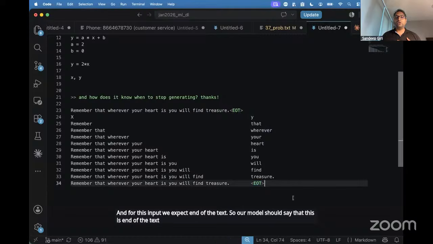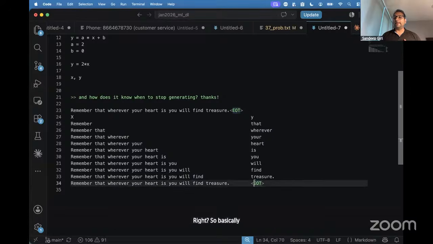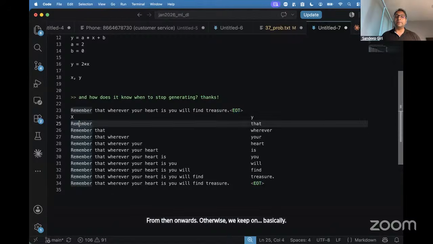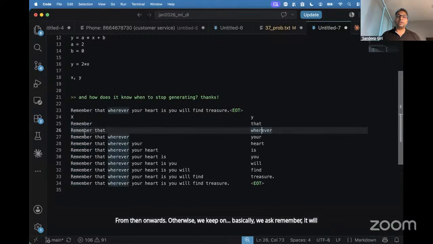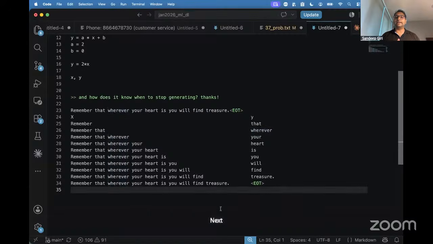That's how the LLM knows that now I have to stop talking. The moment the LLM says EOT, we stop asking it questions. Otherwise, we keep asking: when we put "remember that," it produces the next word, and the next word, and the next word. And when it says EOT, we are no longer asking it again.